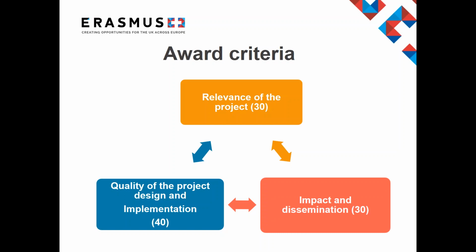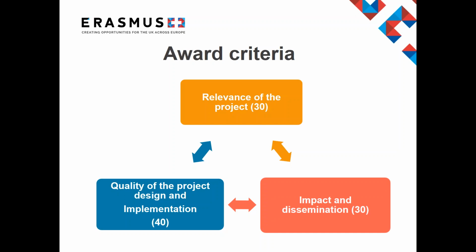In order to be eligible to be awarded funding, an application must score a minimum of 60 points, but also at least half of the maximum points in each of the award criteria. Each criterion has sub-points which you need to really pay attention to, so please read more about these in the programme guide and our guide for applicants.